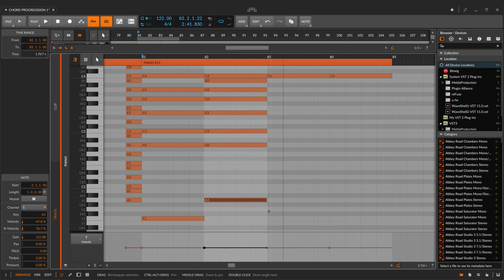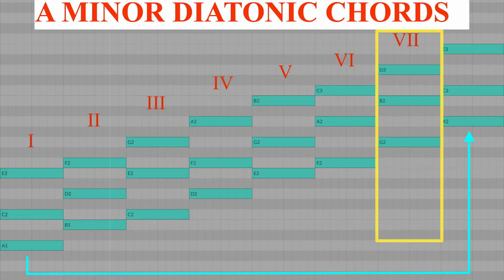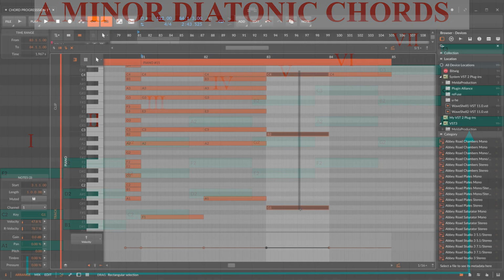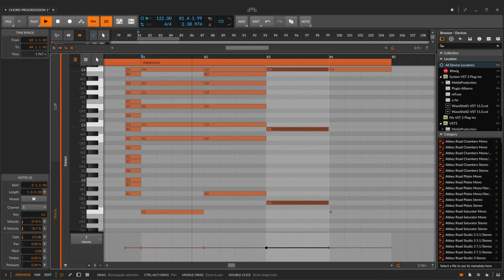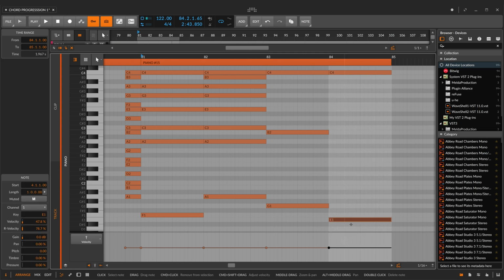The next one, this is G major chord, and as you can see it is the 7th Roman numeral. Now let's find the last chord.